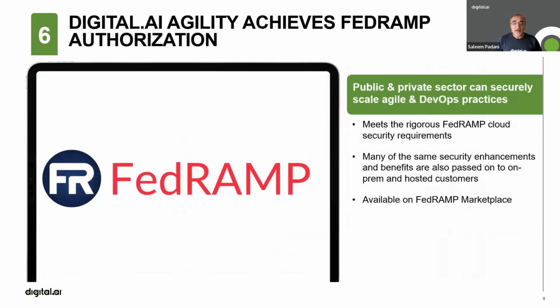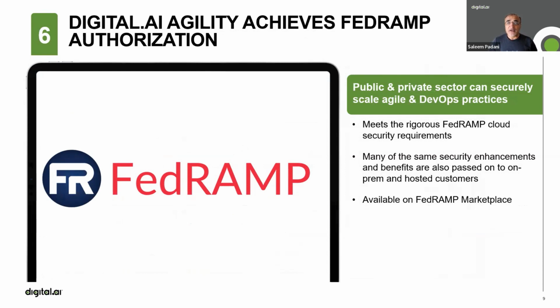And finally, the FedRAMP announcement. As I mentioned earlier, Digital.ai is the first enterprise agile planning tool to achieve FedRAMP authorized status. To be clear, we're not just bringing an enterprise agile planning tool to FedRAMP, we're also bringing a solution that has been a leader in the Gartner Magic Quadrant for more than a decade.